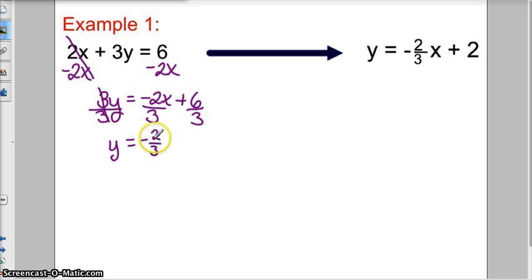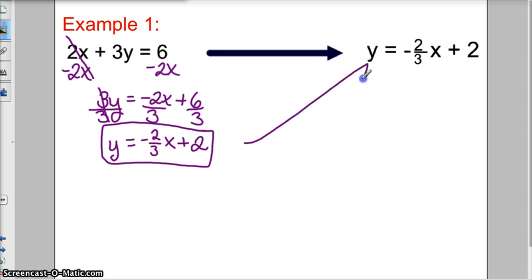If you can reduce it, you can reduce it, but you cannot reduce negative 2 over 3. x plus 6 divided by 3 is definitely positive 2, so it turns into a whole number, which then we're going to box our answer, and as you notice, we got the same answer up here.